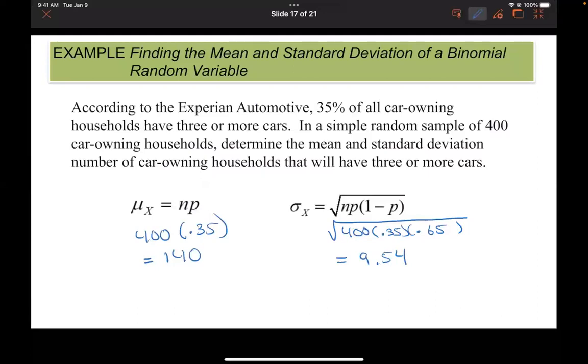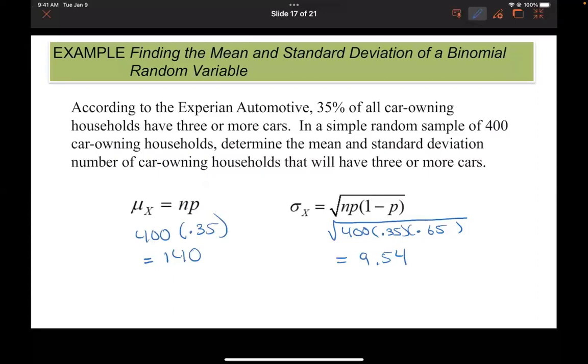So if I added 2 times 9.4, so approximately 160, approximately 120. So 95% of all samples of 400 would have between 120 and 160 people who have 3 cars or more. So it means basically the same thing. And I don't think they ask you to interpret it. Can't remember, but I doubt it.